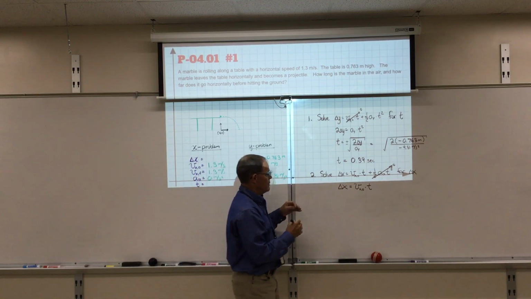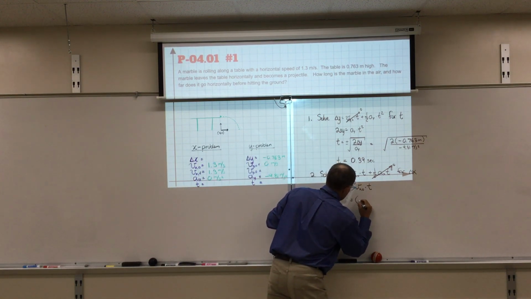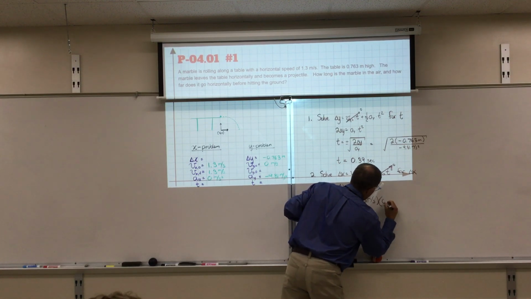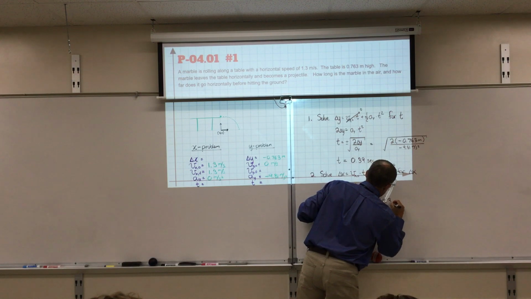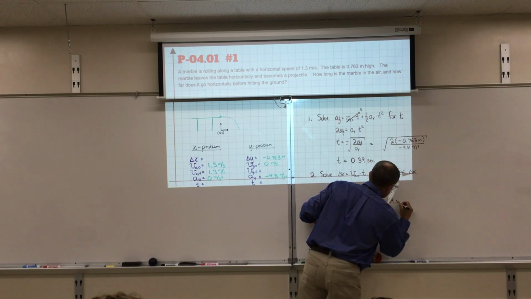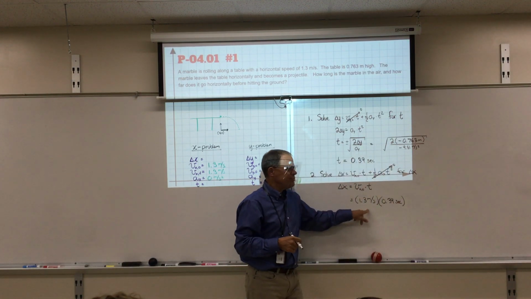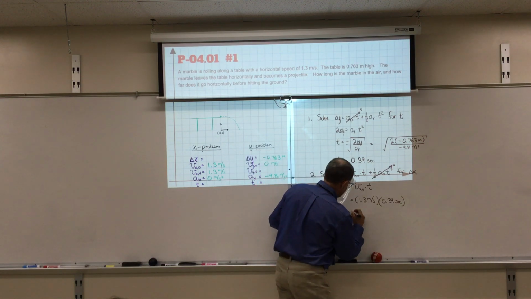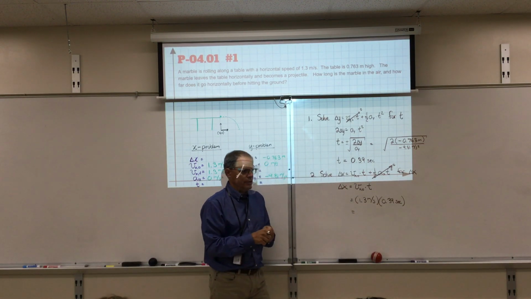Horizontal. The initial velocity is 1.3 meters every second times 0.39 seconds. So take 1.3 times your previous answer, and you will have the distance it goes horizontally.